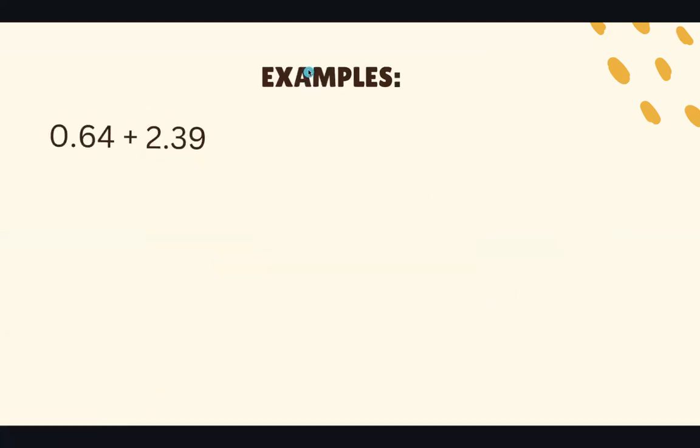Let's have an example. 0.64 plus 2.39. Again, arrange this vertically and make sure that the decimal points are aligned. Then, we can now proceed in adding the numbers like we used to add whole numbers. So 4 plus 9, 13.